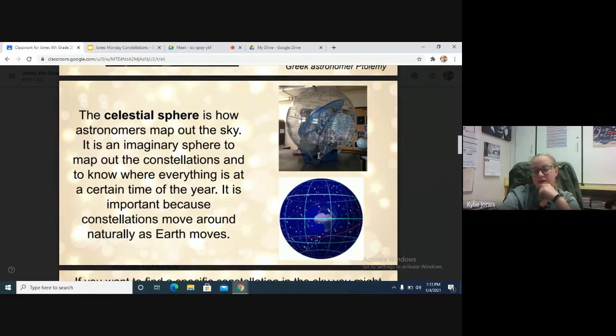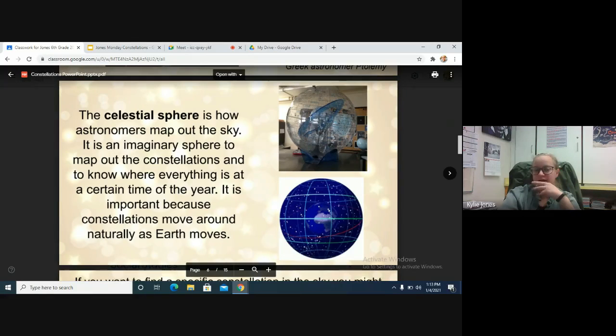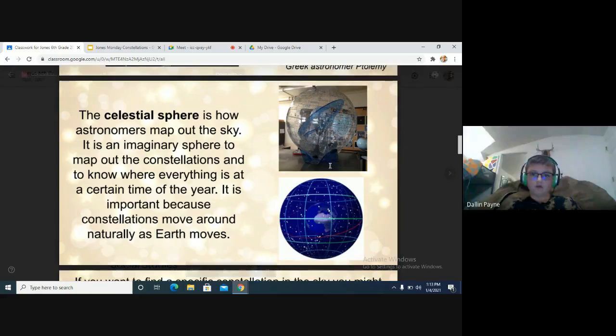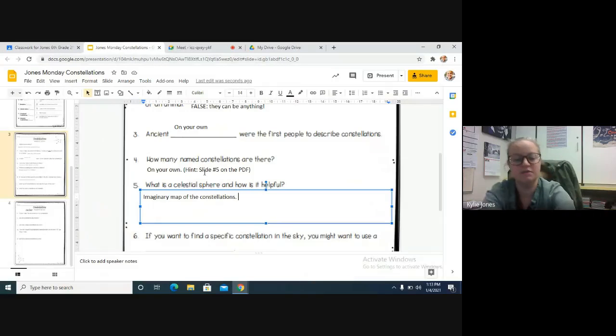But I think you guys are all on the right track. The celestial sphere is the imaginary map on the outside, right? But what is it showing us exactly? Where all the places are on the map on the Earth. Yeah, where all the constellations are. So this map shows us where the constellations are.